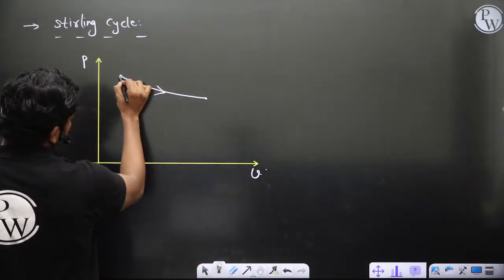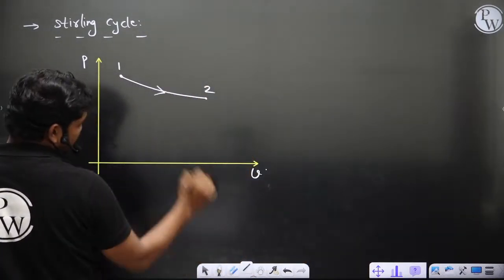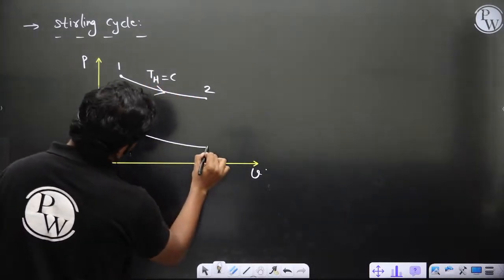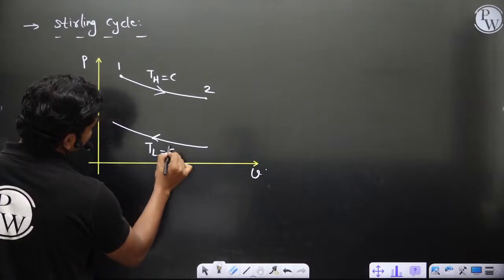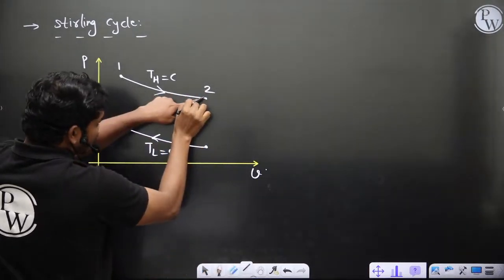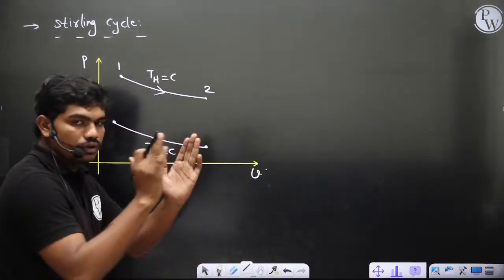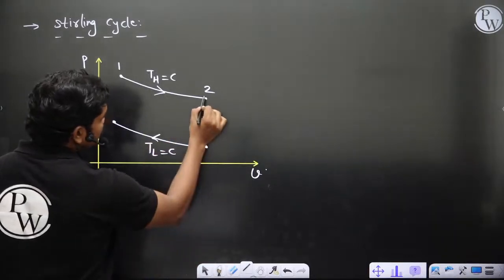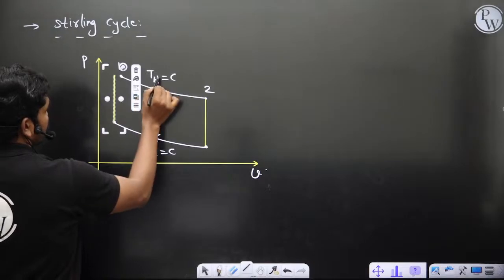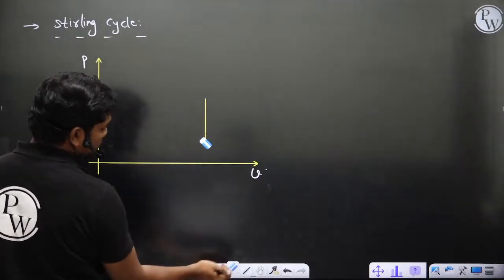So this is 1 to 2, and from 2 to 3, TH is equal to constant, and similarly you have a compression along TL is equal to constant. These are isotherms. Now to bring the temperature of the working fluid from TH to TL, the pistons move uniformly, I mean both with uniform speed, so that the gap between them remains the same. So this temperature drop will be because of constant volume. Let me draw how it looks.